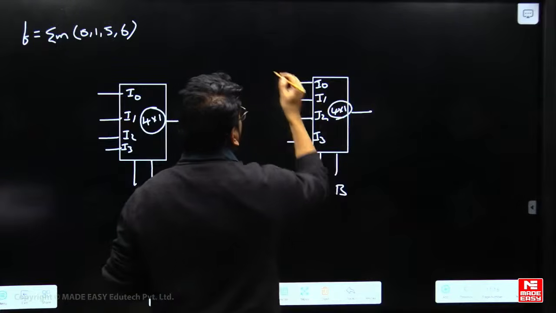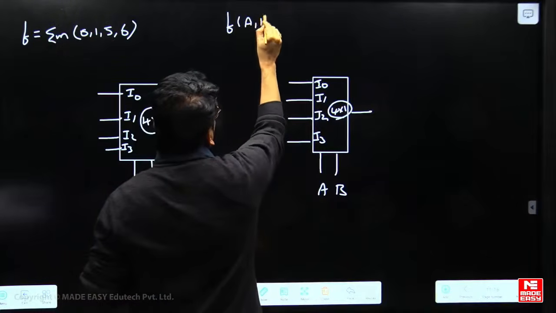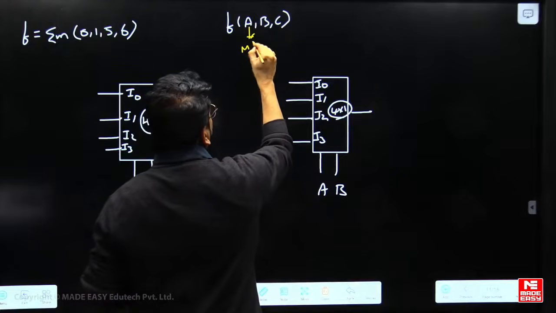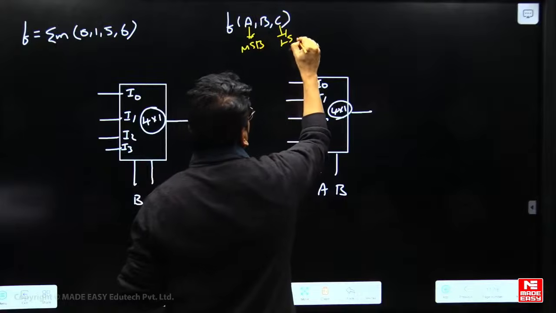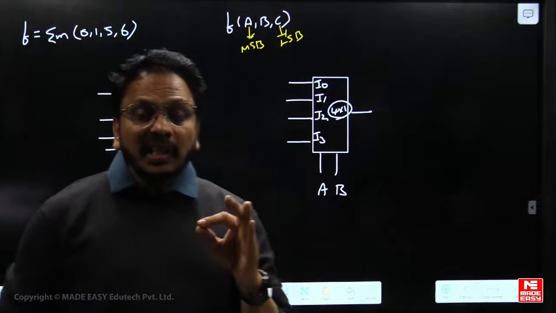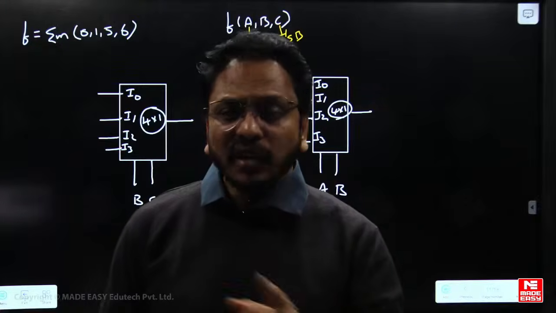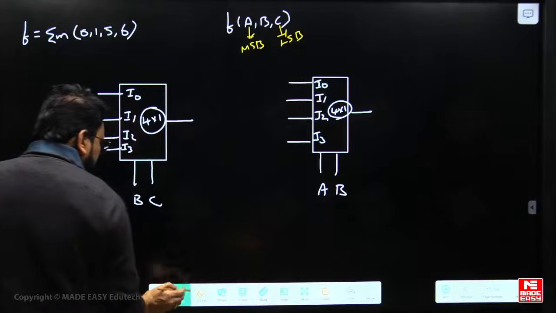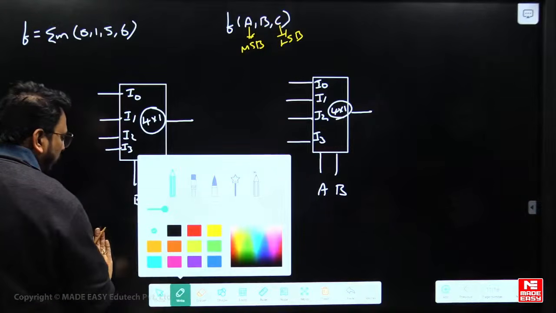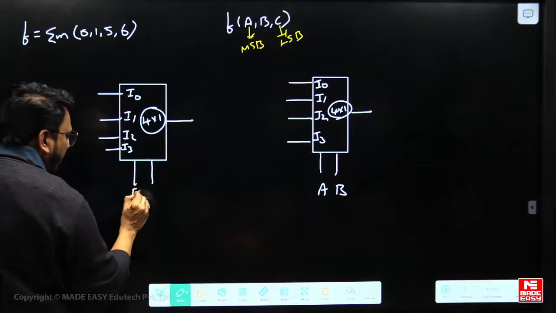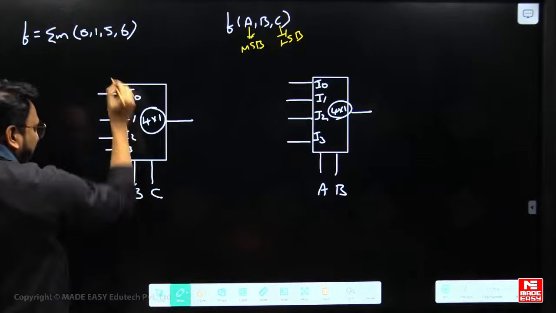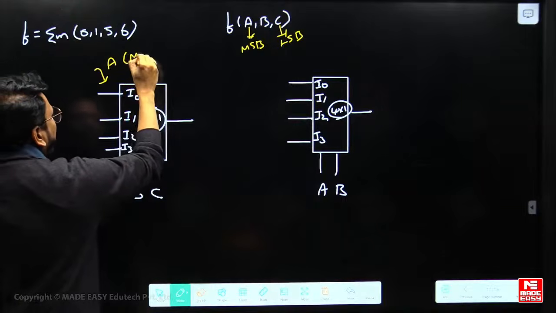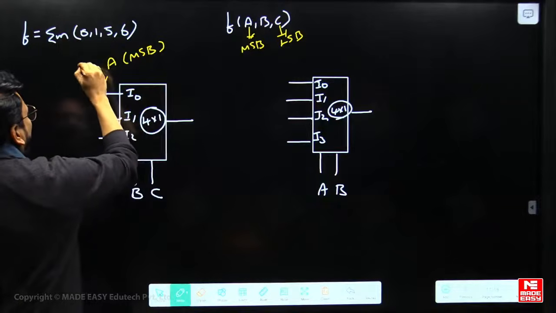Here one very important thing is that the function is f of ABC. A plays the role of MSB and C plays the role of LSB. So be very careful with MSB and LSB when applying the shortcut technique. When they give B, C as select lines, they are using A, the MSB, as input. And when they give A, B as select lines, they are using C, the LSB, as input.